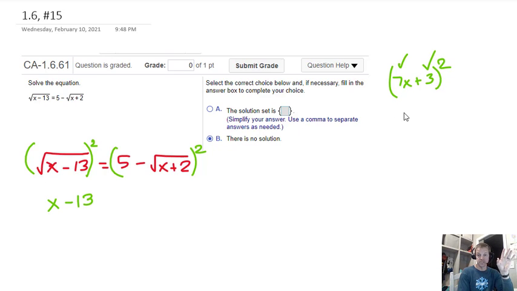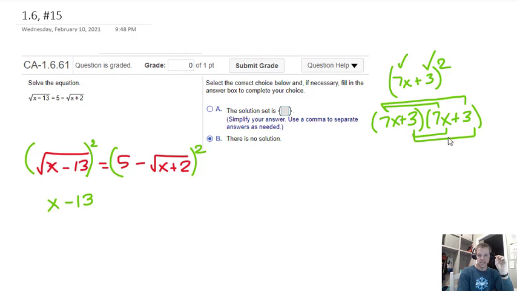That's not what happens here. You actually have to do a FOIL on this. There's a whole rule about what has to happen when you square a binomial. Some of you may remember the FOIL process: you take the first times the first, and then the outer terms, and the inner terms, and then the last terms.